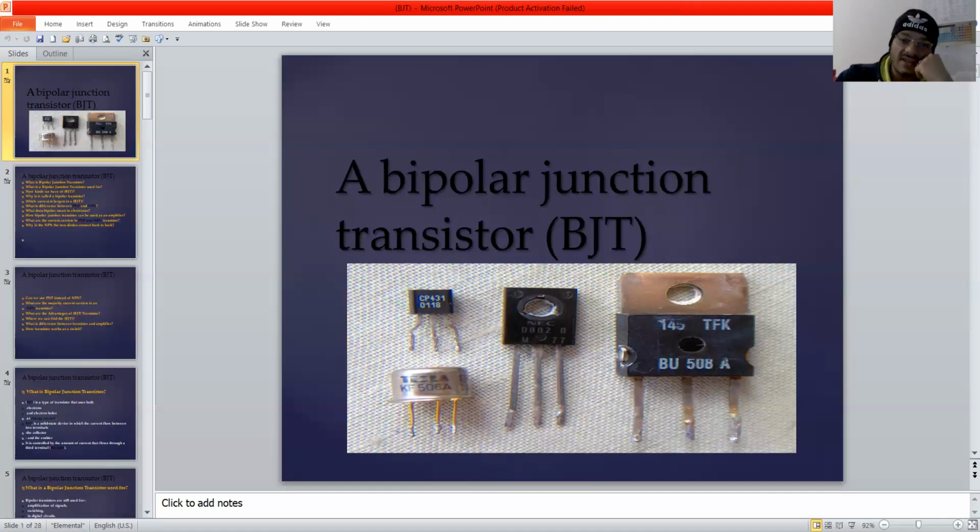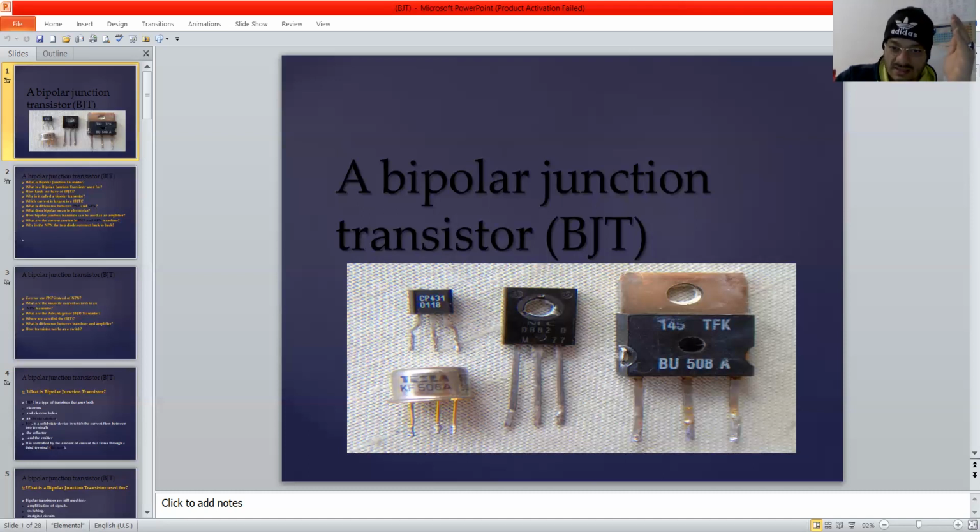Let's talk about the second difference between these two kinds of BJT. NPN and PNP transistors have very similar schematic symbols, but the second difference is the direction of the arrow. In the PNP the arrow points inward to the circuit, and in the NPN it points outward.